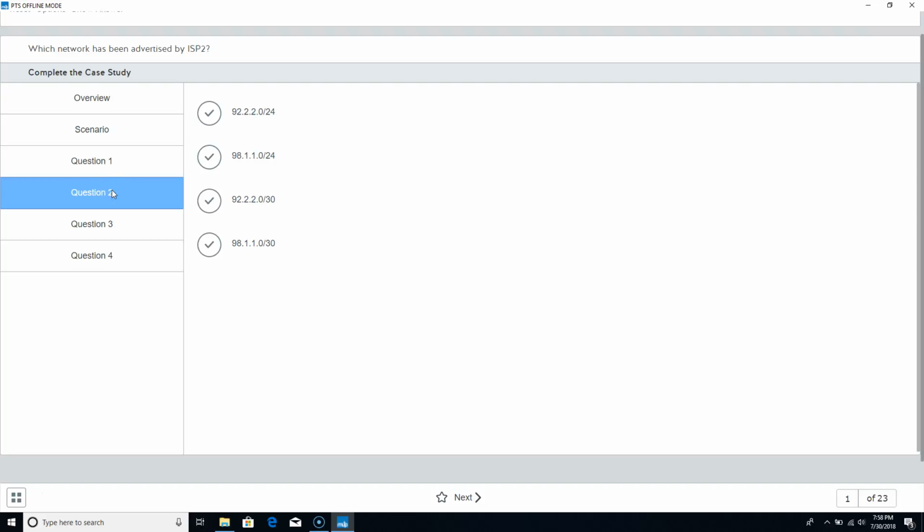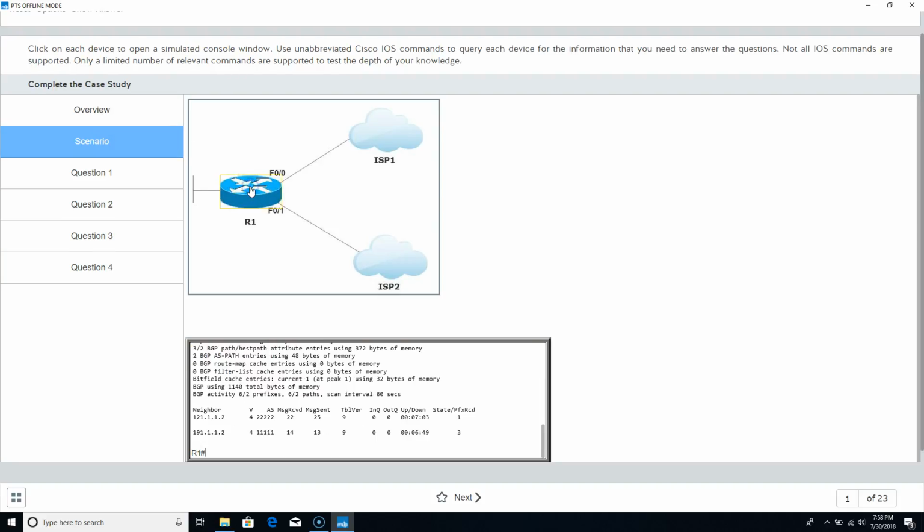Next, which network has been advertised by ISP2? Here you have to run show IP interface brief.